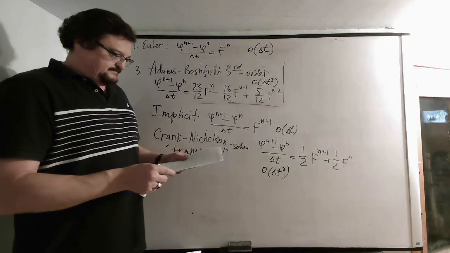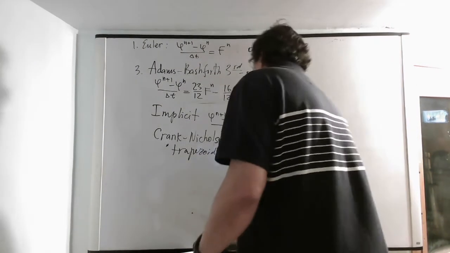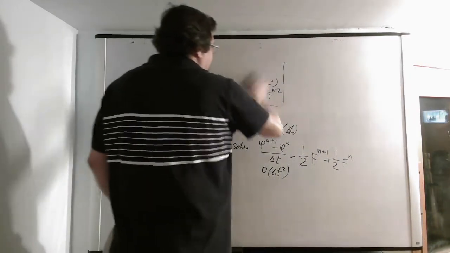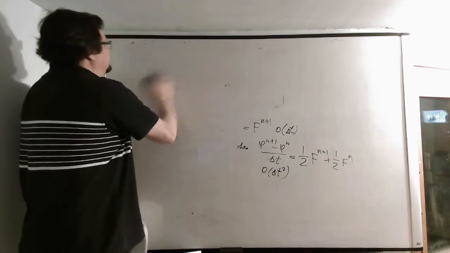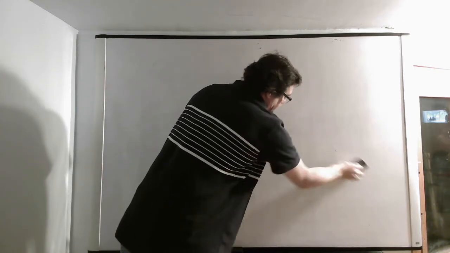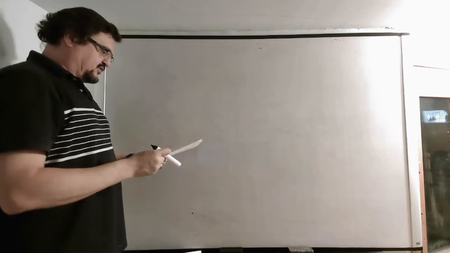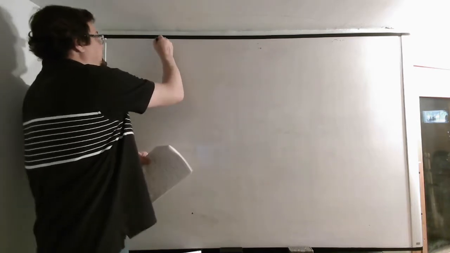Okay, so then another type of scheme, completely different. So far it was just approximating the right hand side using several time steps. Another class of schemes that still uses the forward in time philosophy is the so-called predictor-corrector schemes.